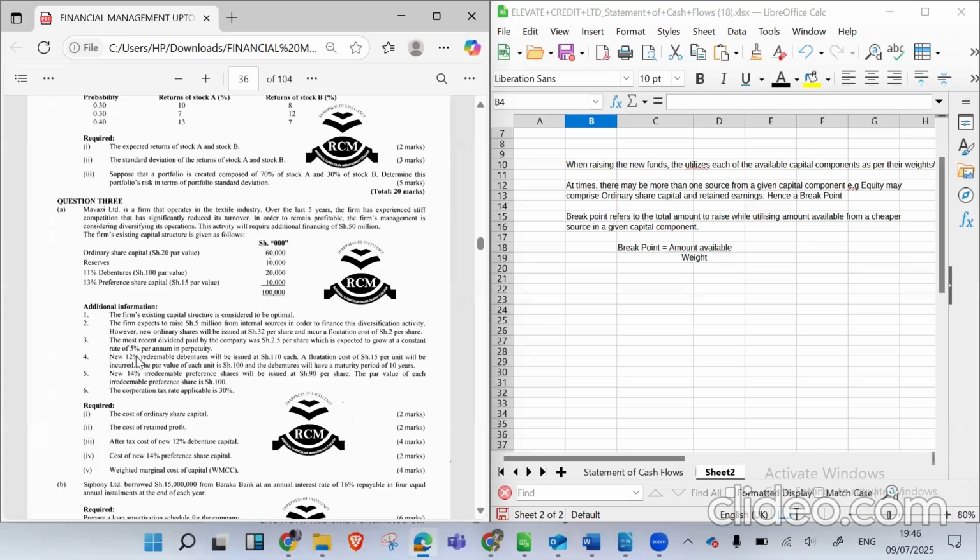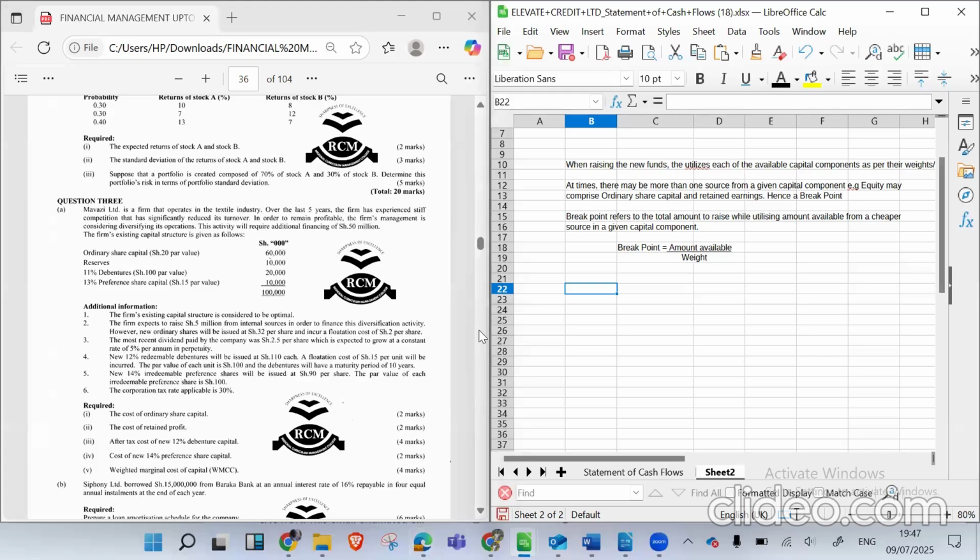The par value of each unit is 100. Debentures will have a maturity period of 10 years, so this is redeemable. New 14% irredeemable preference shares. So you see that the preference shares are also irredeemable. 14%, whereas in the capital structure it is 13%. So we are raising the new funds by issuing 14% preference shares, issued at 90. The par value is 100. Tax is 30%.